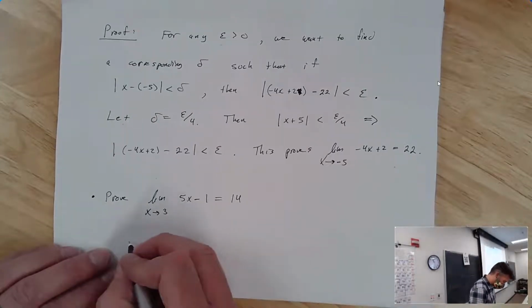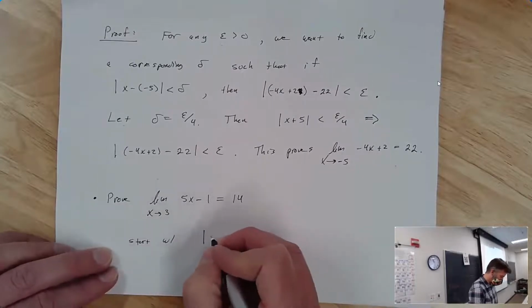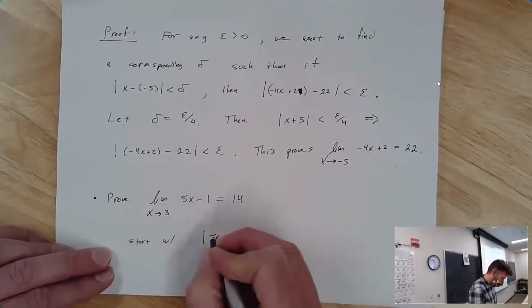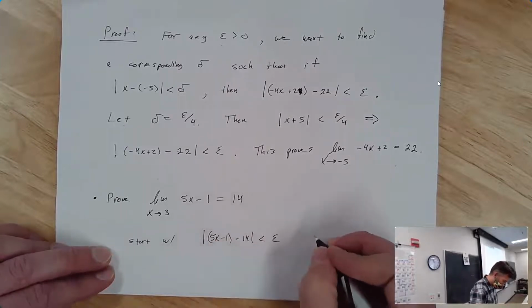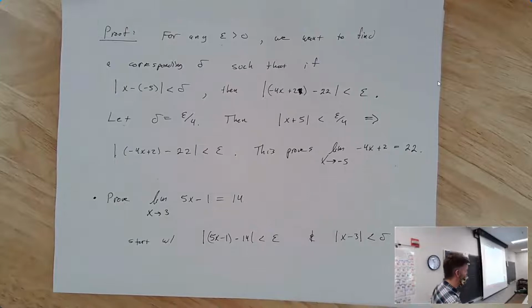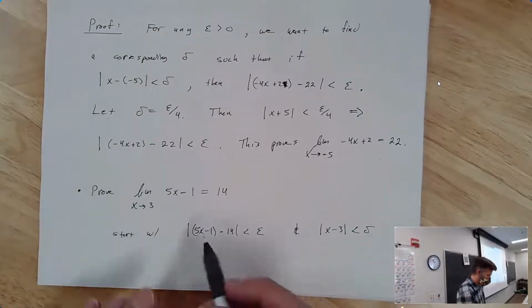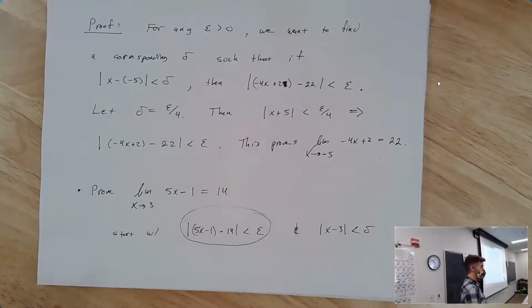Start with this. We want the absolute value of 5x minus 1 minus 14 to be less than epsilon, and the absolute value of x minus 3 to be less than delta. So we want both of those things to be true at the same time. Work on this till you get to that. It's not a lot of steps.